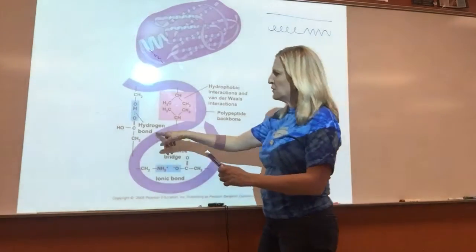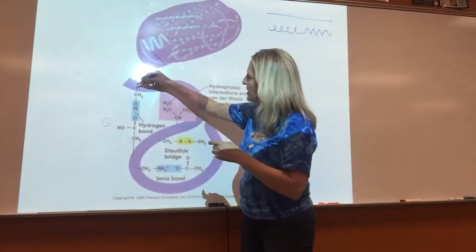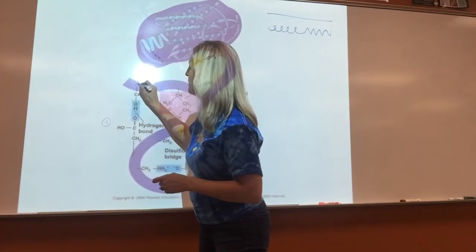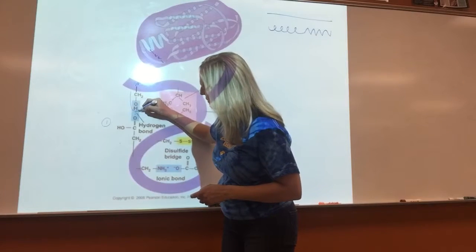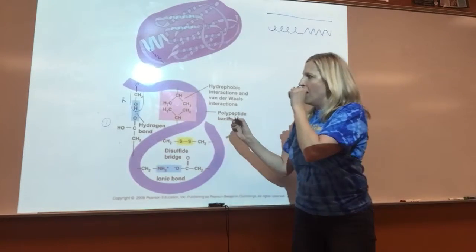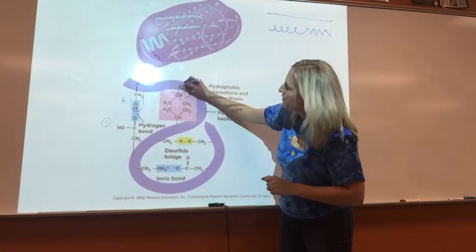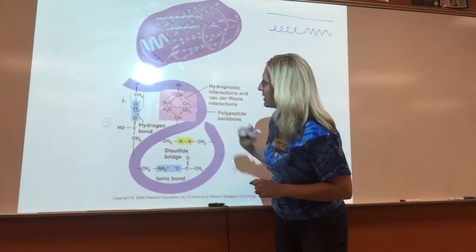So the first one is hydrogen bond. This purple line is a chain of amino acids. Right here there's an amino acid, and this is the R group for that amino acid. Right here, that's the R group for that particular amino acid. And then this amino acid is hooked to another, hooked to another, and this is another amino acid, and this is its R group right here.